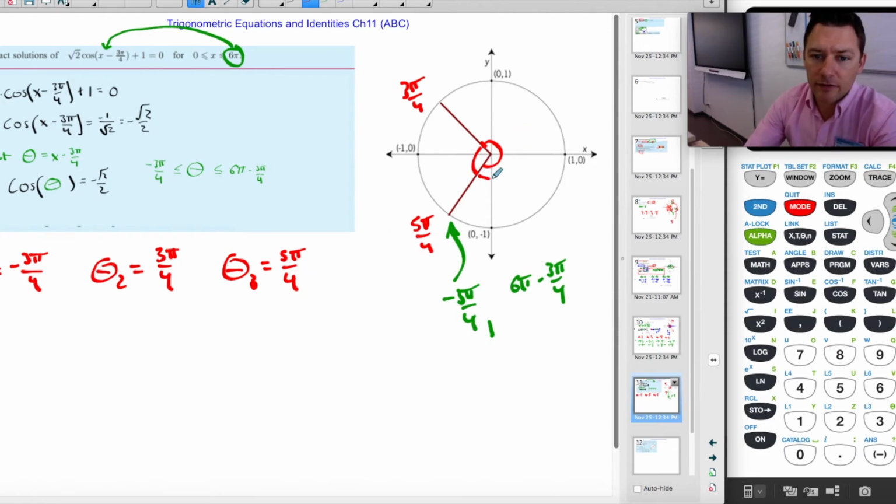5 pi fourths, 6 pi fourths, 7 pi fourths, 8, 9, 10, 11 pi fourths, 12, 13 pi fourths.